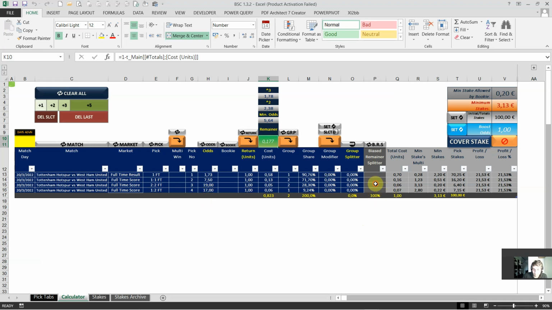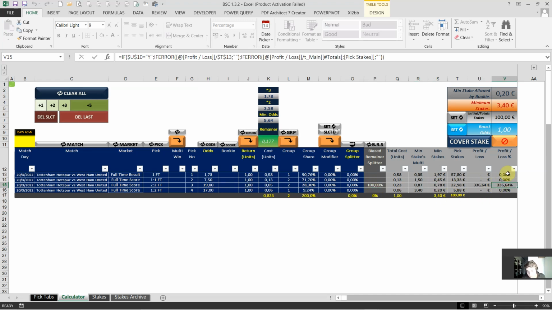The first example would be if someone would fancy to see a high scoring draw, that would be the 2-2 scoreline. If we just select the corresponding cell and type 100%, that means that we are telling the calculator to use 100% of the remainder and add it to this selection, and this is what the result would be.